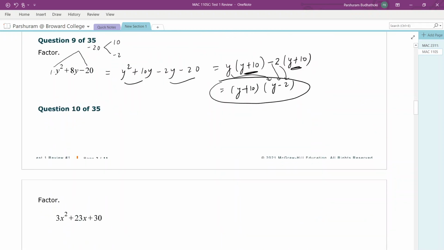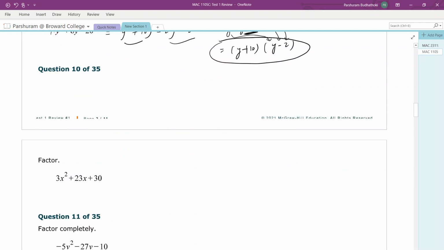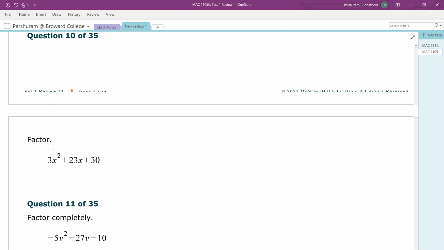Let's go to problem 10. One more time, we can do the same thing. 3 times 30 is 90. Now we need to find the factors of 90 such that the sum of those factors would be 23.